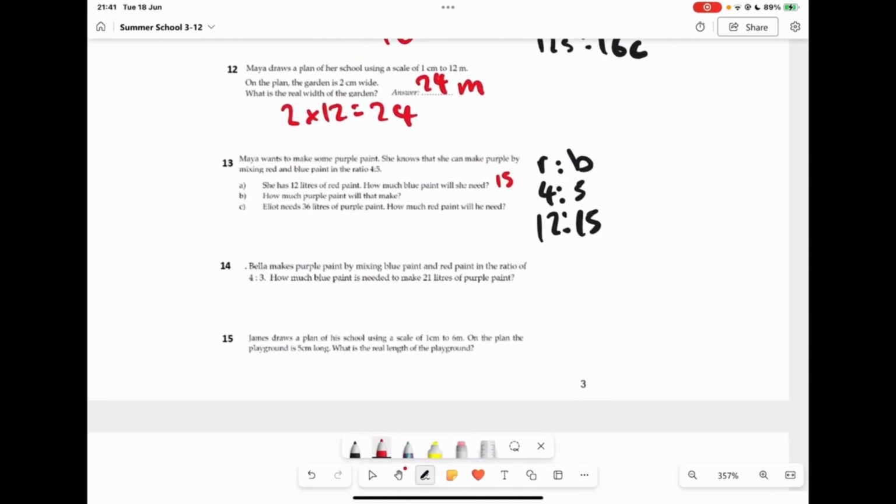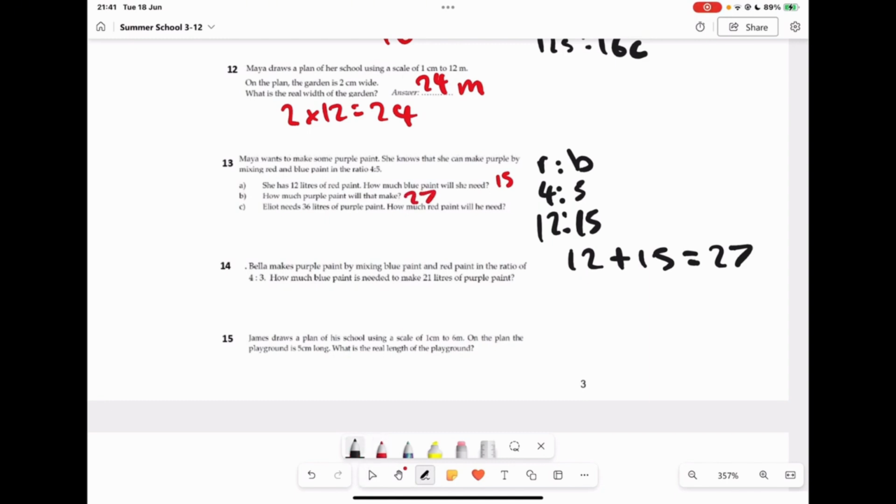Okay, now back to question 13. How much purple paint will that make? All you've got to do here is 12 plus 15, which is equal to 27. And then for part C, Elliot needs 36 litres of purple paint, so how much red paint will he need?